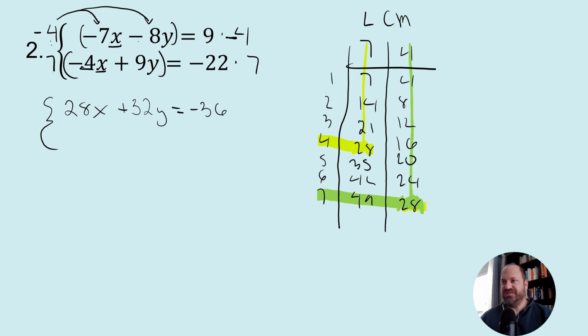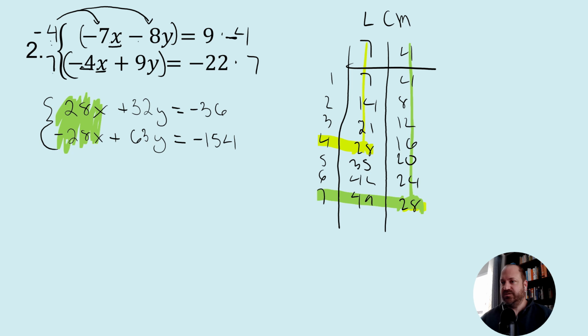In our bottom equation, 7 times negative 4x is going to give us negative 28x. 7 times 9y is going to give us positive 63y equals, and then we get negative 154 on the right side. Okay, so now we've got the opposite coefficients for one set of variables here, positive 28 and negative 28.